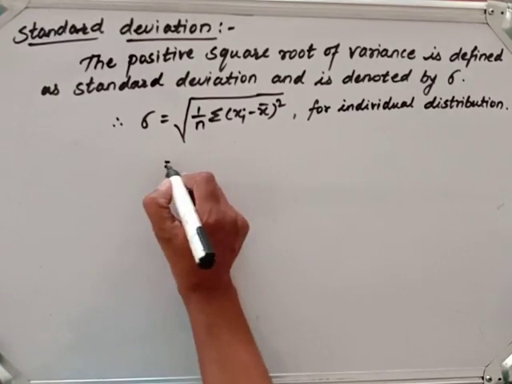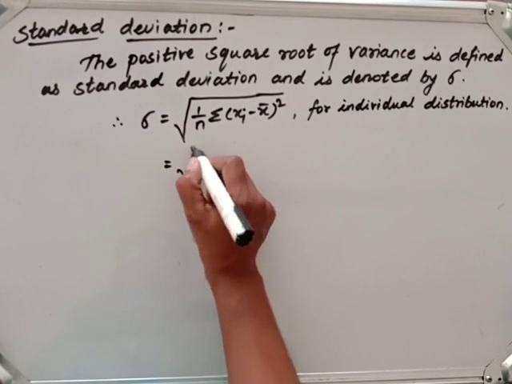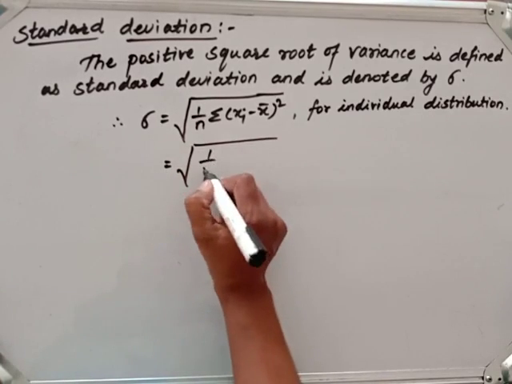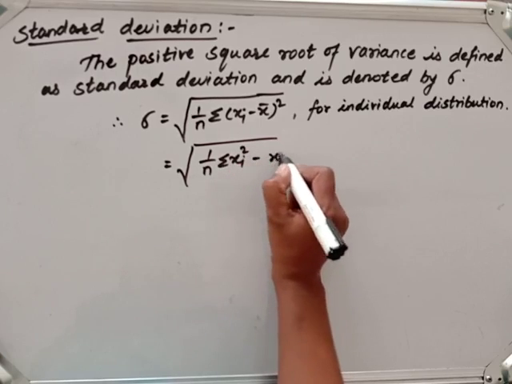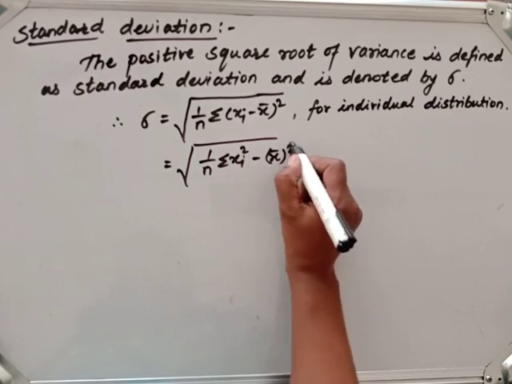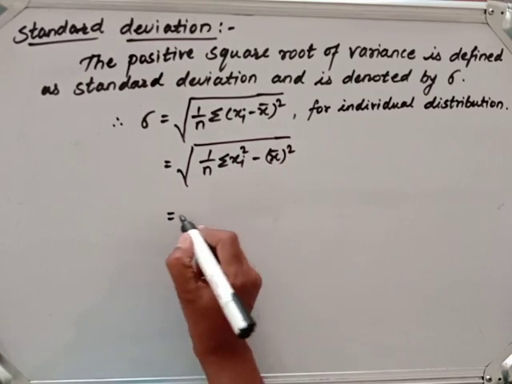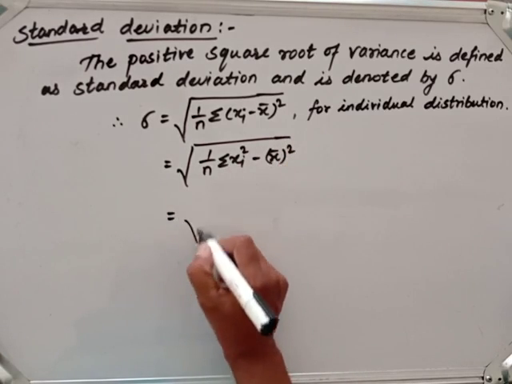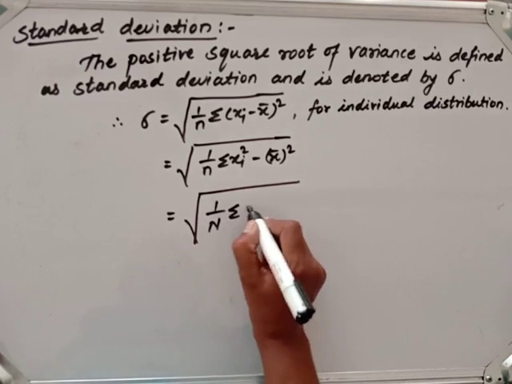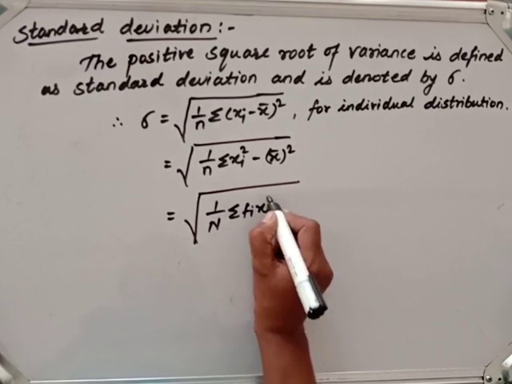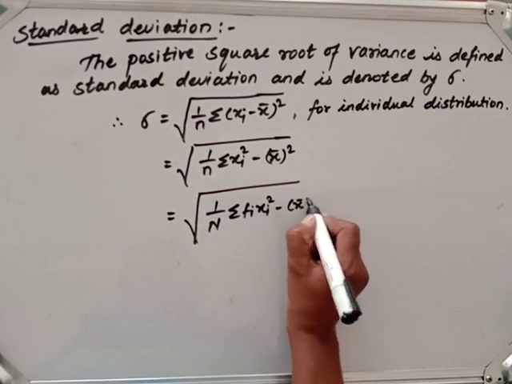Now, the same result can be written as the square root of 1 upon n summation xi square minus x bar square, or that is equivalent to the square root of 1 upon this capital N summation fi xi square minus x bar square.